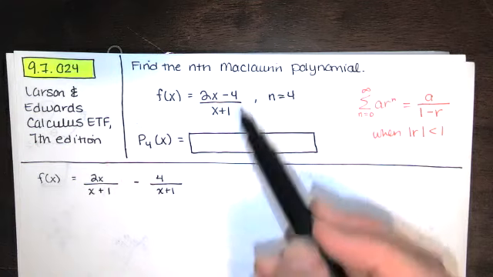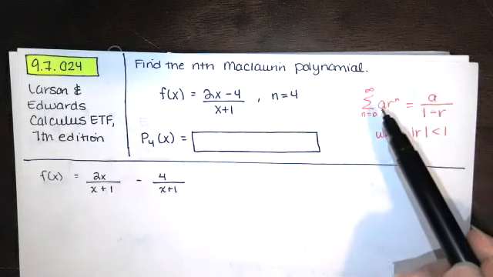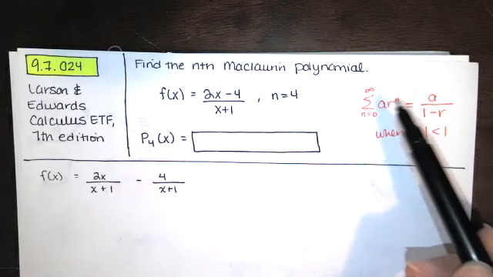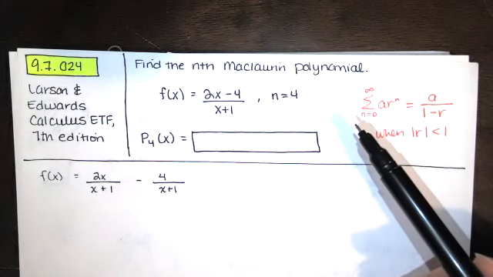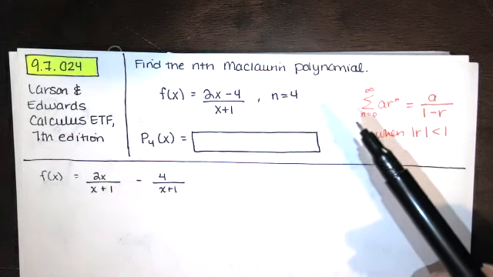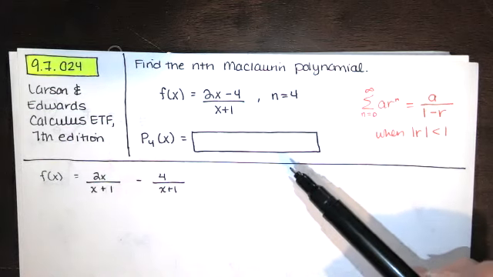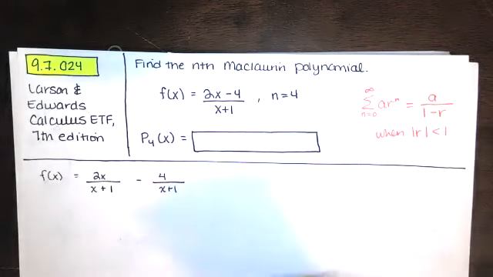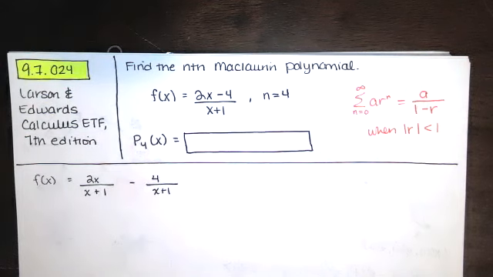So if we have something that looks like this and we can come up with a power series representation for it using this, well, if a function has a power series, it converges to a power series, it turns out that that power series is the Taylor series or the Maclaurin series in this case if it's centered at 0. So don't let this bother you. Taylor series and Maclaurin series are just a special case of power series, and Taylor and Maclaurin polynomials are just partial sums of Taylor and Maclaurin series.